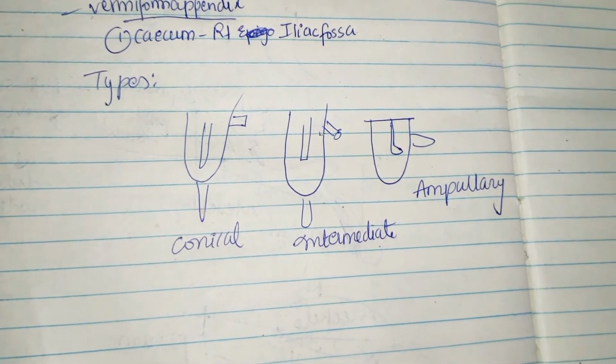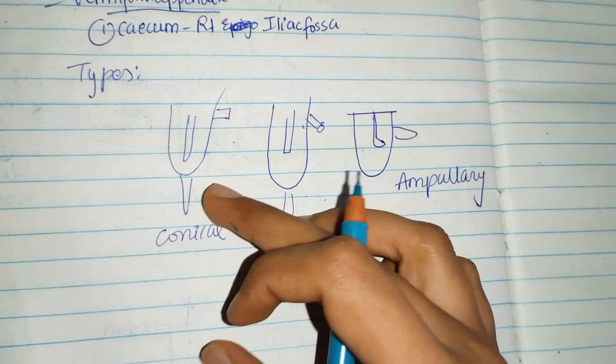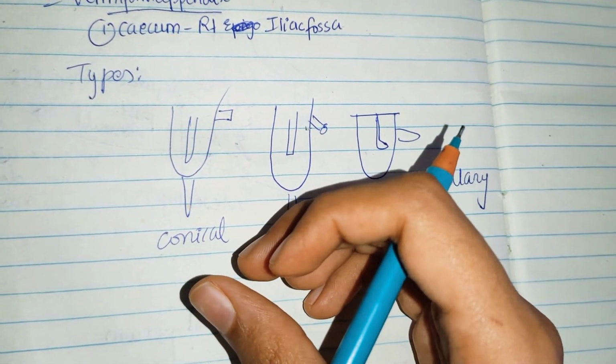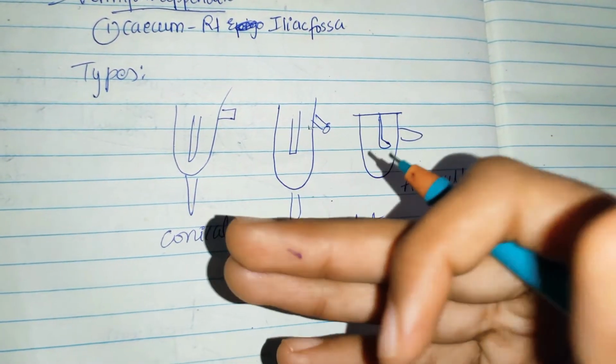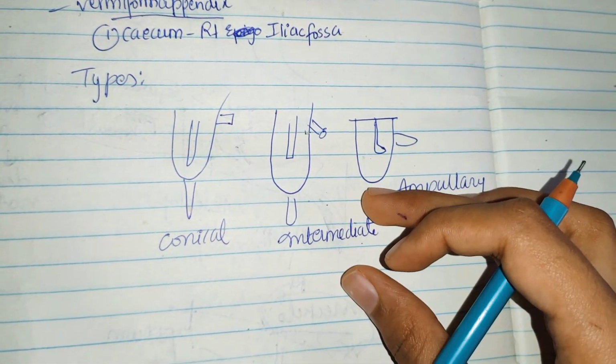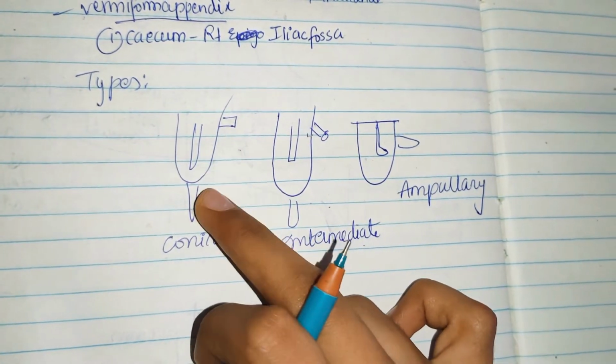Actually the cecum and appendix start developing from the cecal bud, and they arise from the post arterial segment of the midgut loop. So in development there are different forms on the basis of types of cecum. The first type is the conical type.